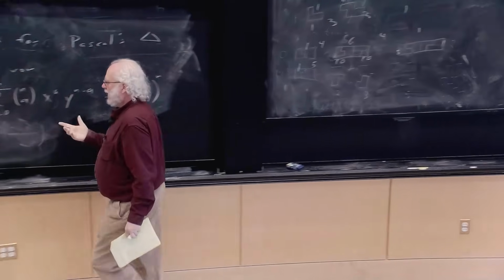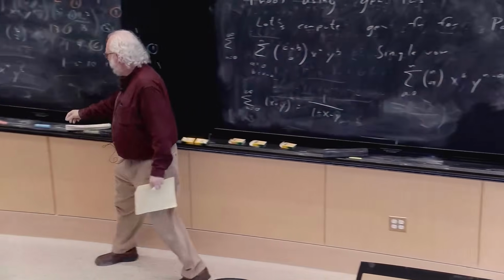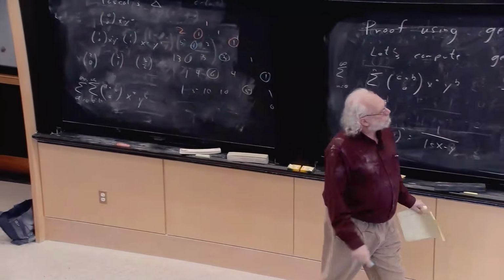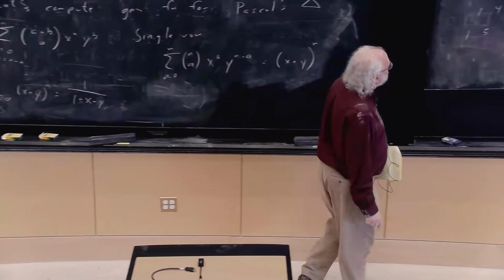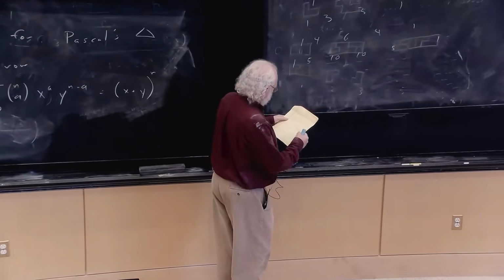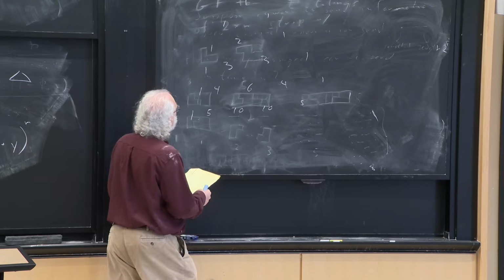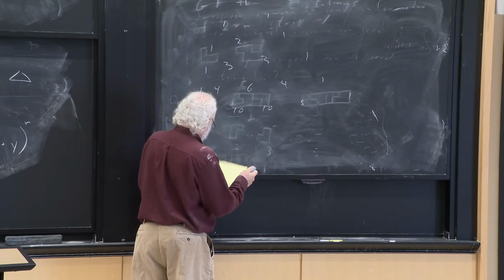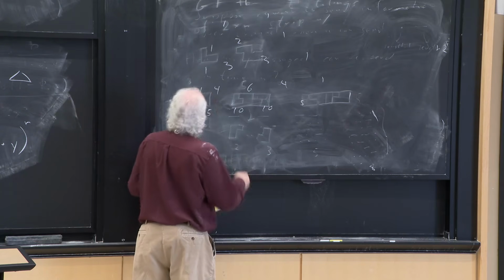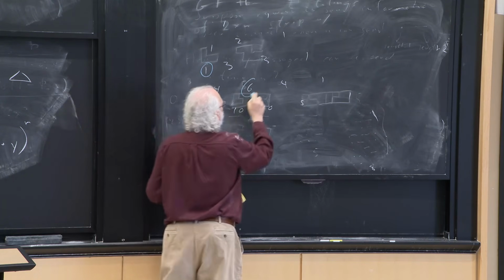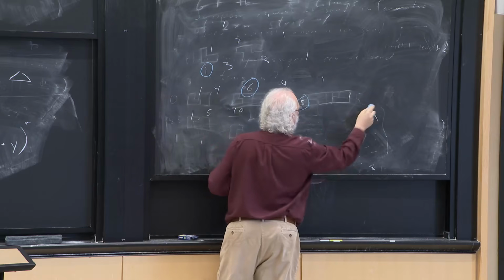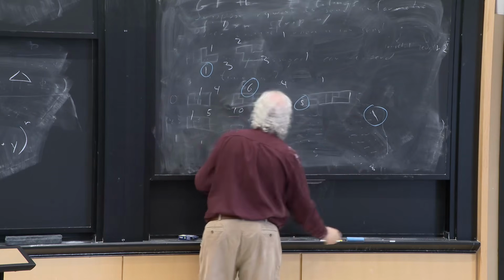So let's look at this diagonal. 1, 6, 5, 1. That's 13.